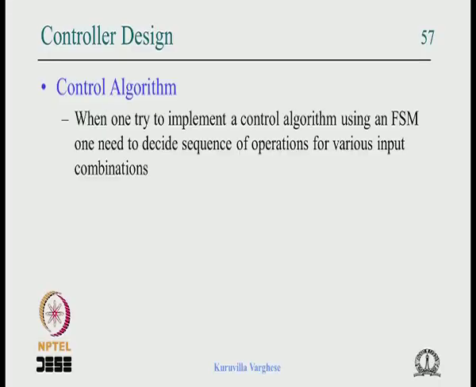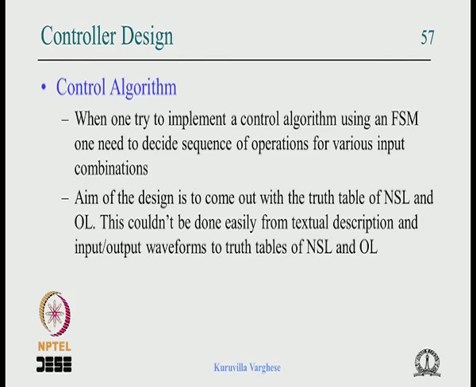So basically you will have to decide the sequence of operations for various input combinations, and it cannot be done easily from a waveform to a next state table or an output table, the truth tables of the next state logic and the output logic. Many a time we are not clear, there are a lot of possibilities.